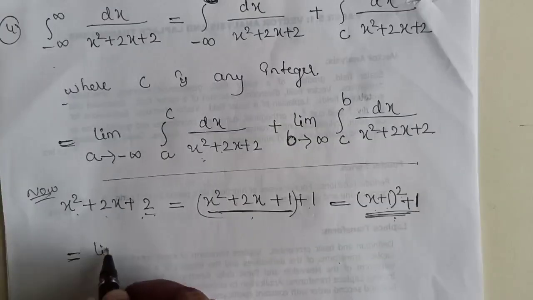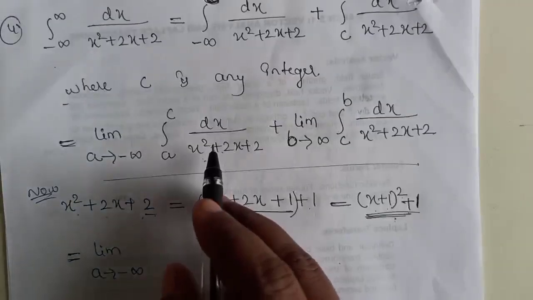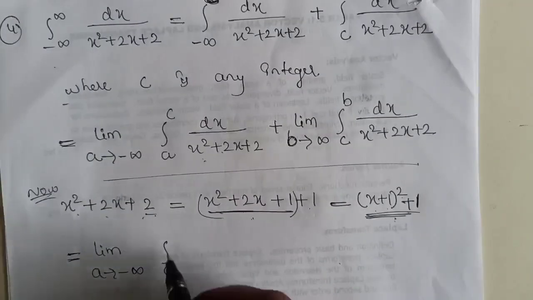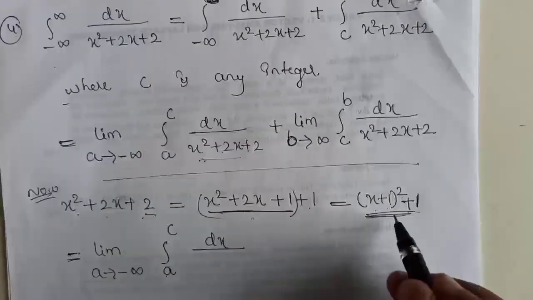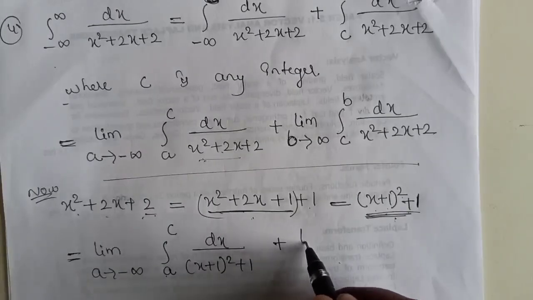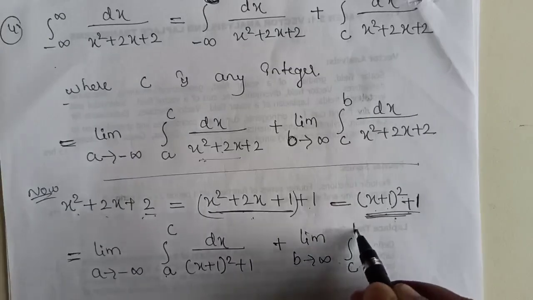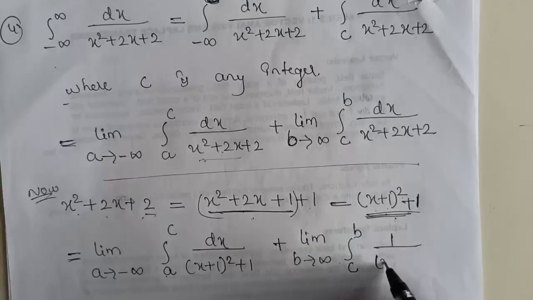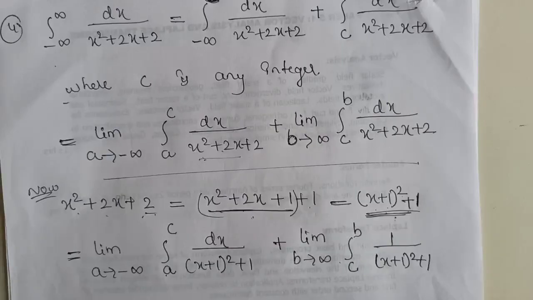So this can be written as limit a tends to minus infinity, the integral from a to c of dx divided by x plus 1 whole square plus 1, plus limit b tends to infinity, the integral from c to b of 1 divided by x plus 1 whole square plus 1. Now we know that the integration of 1 divided by x square plus 1 is tan inverse of x.